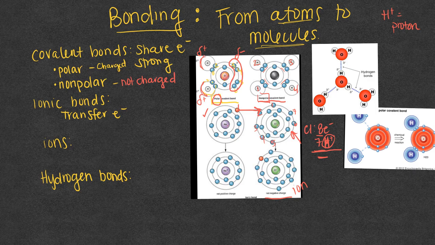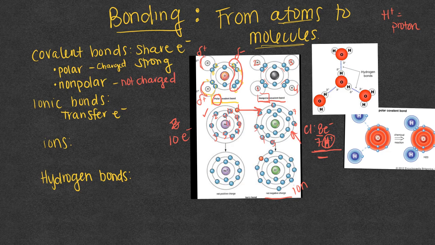Since sodium got rid of its electron, it has 1, 2, 3, 4, 5, 6, 7, 8, 9. I can't count. 1, 2, 3, 4, 5, 6, 7, 8, 9, 10. Wow, I was way off. It has 10 electrons, which means it got rid of 1, so it normally has 11.